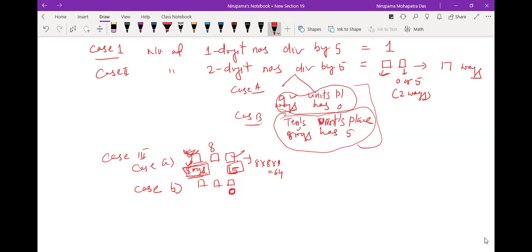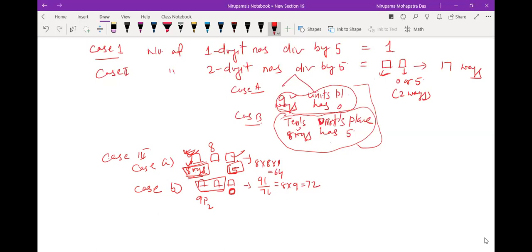So you are left with 9 different digits and 2 places. ये आपका आ जाएगा 9p2. So 9p2 means factorial 9 by factorial 7, so you have 8 into 9, 72. And the other case is 64.